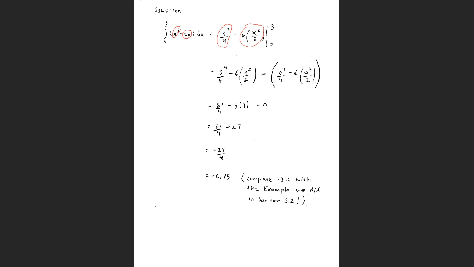If I want the antiderivative of x cubed minus 6x, I can get the antiderivative of x cubed separately, the antiderivative of 6x separately, and then take the difference. So the antiderivative of x cubed minus 6x is x to the fourth over 4 minus 6 times x squared over 2. And you had plenty of practice finding antiderivatives on your exam and back in section 4.8.